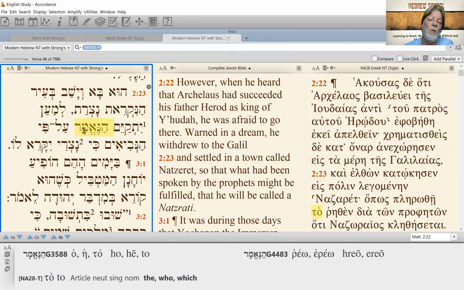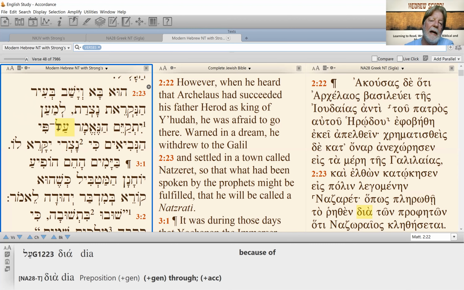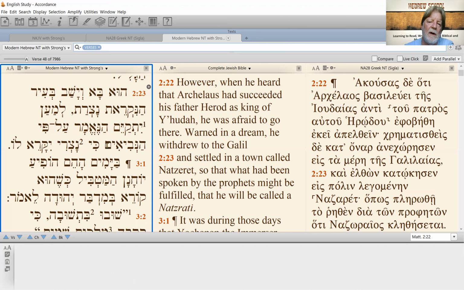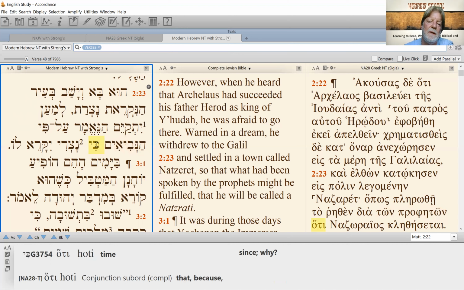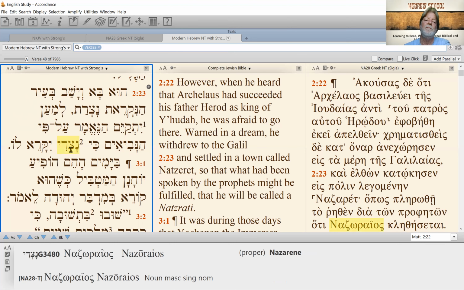Hane'emar, which was spoken, al pi, like that would be through the mouth, hanaviim, of the prophets, plural. Ki, that, notzri, a Nazarene, yikre, lo, would be called him. In other words, he would be called a Nazarene.